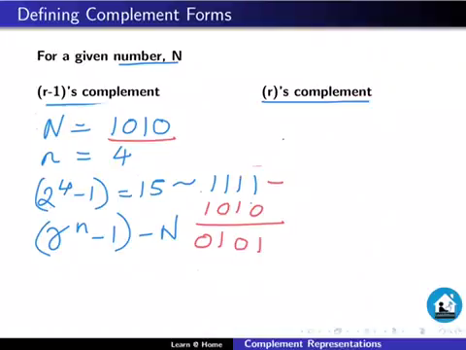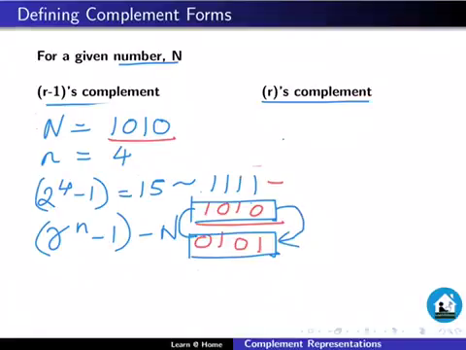If you compare these two things, that is 1010 and 0101, you can find that this is the exact complement of the original number. So to find the ones complement of a binary number, what you need to do is only to invert the bits. Whenever you see a 0, just change it to 1. Whenever you see a 1, just change it to 0. That will give you the ones complement.